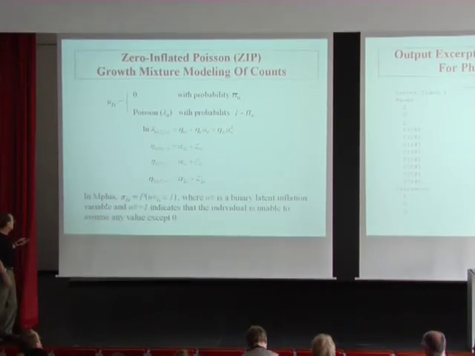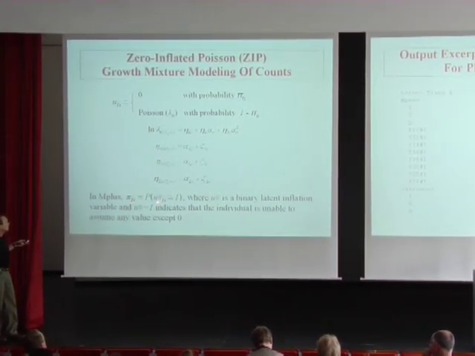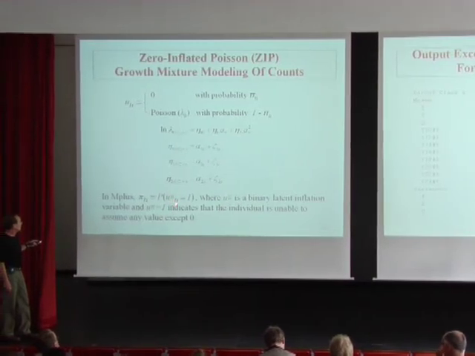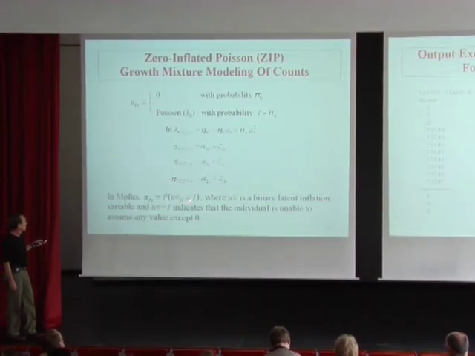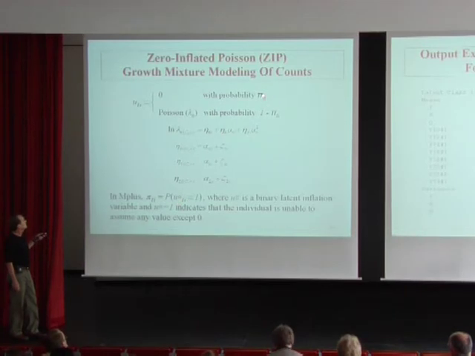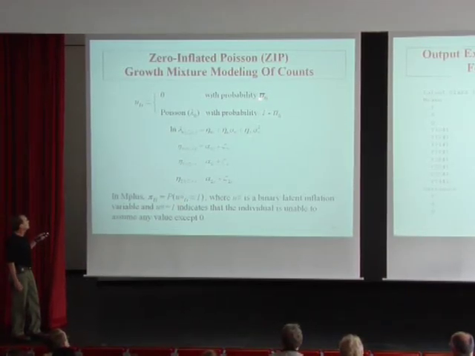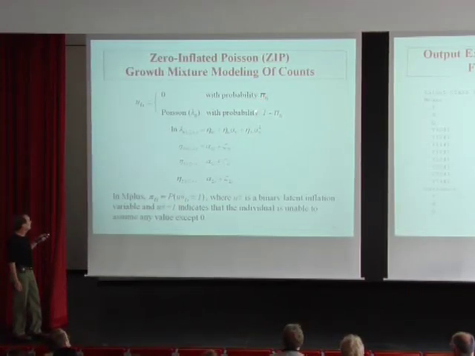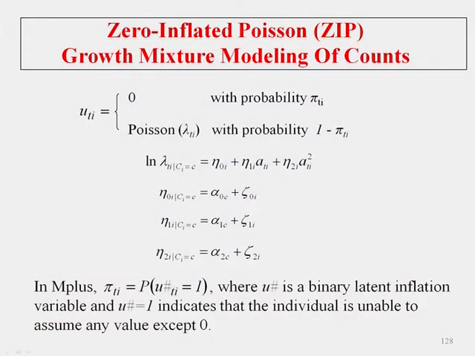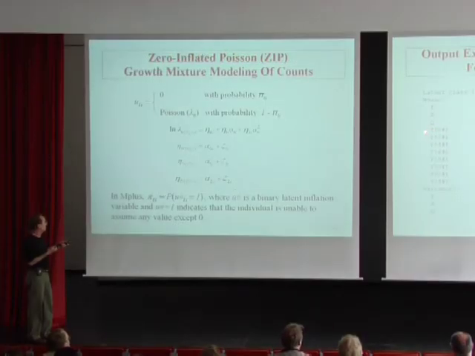So in Mplus, the probability of u_t equals 1 has to do with these inflation parameters, saying the probability that you're not a criminal at a certain time point. U equals 1 indicates that the individual is unable to assume any value except 0. So U equals 1 has to do with not being a criminal. And here is the logit corresponding to the U equals 1 probability.